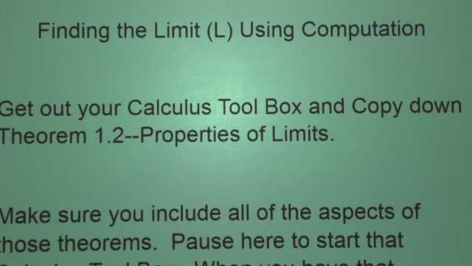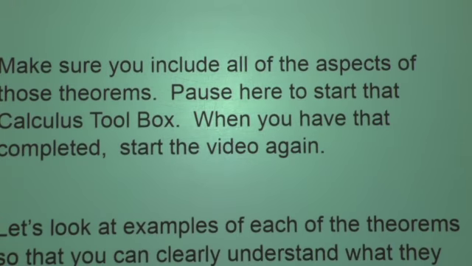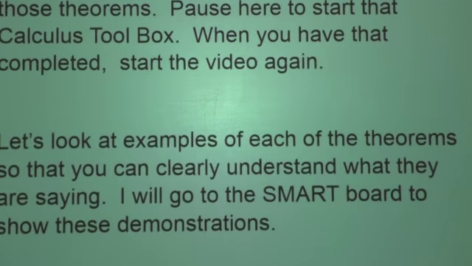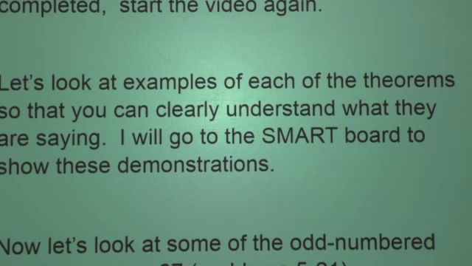Okay, now make sure that you got all the aspects of those theorems in there, and we're going to go ahead and get into using those particular theorems. We're going to look at examples by looking at the odd number problems on page 67.